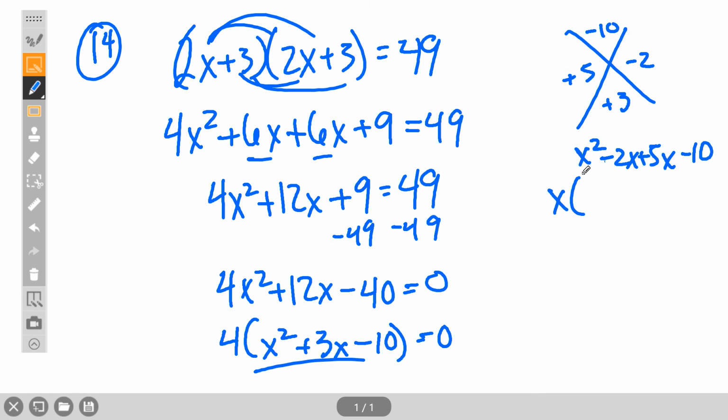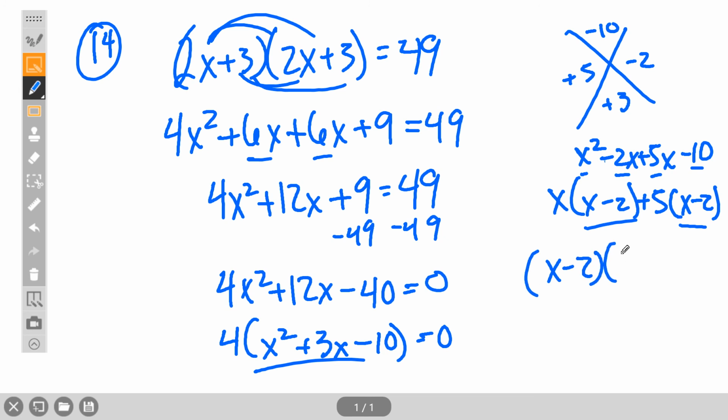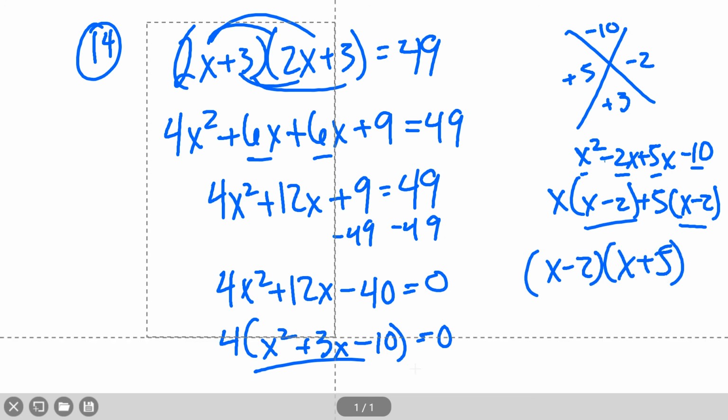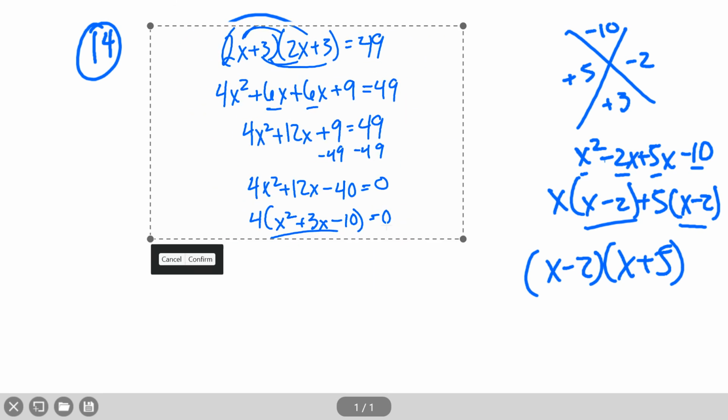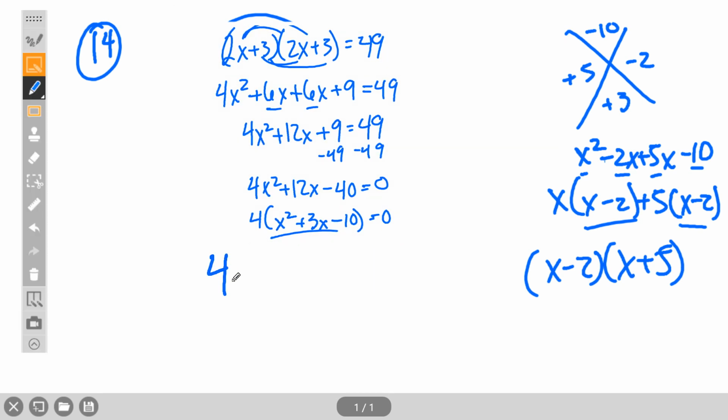Factor the GCF out of these two, leaving x minus 2. Factor the GCF out of these two, leaving x minus 2. X minus 2 factors out of both of them, leaving x plus 5. So I got 4 on the outside, and then it factors into x minus 2 and x plus 5.